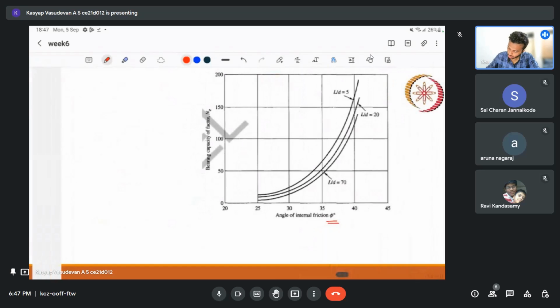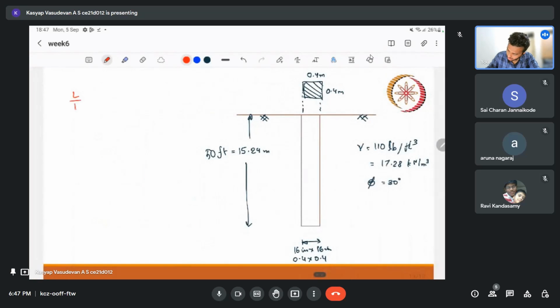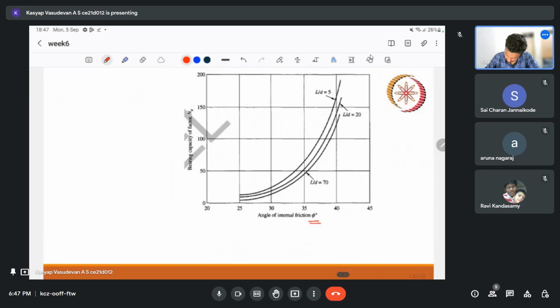We need L by D. So what is L by D? L by D ratio for our case, the length is 15.24 divided by D. D is nothing but diameter, or since it is square, we can take it as 0.4. This turns out to be 38. So let us see this chart here. The last curve is 70 and this is 50, so 38 will be somewhere in between.